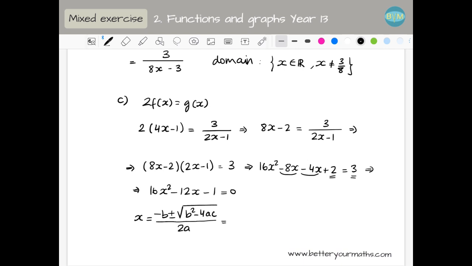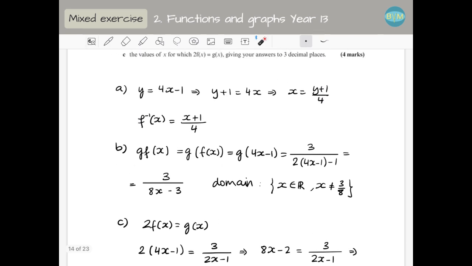I substitute everything, so minus b is going to be 12, plus minus the square root of b squared, which is 144, minus 4 times 16 times minus 1, which becomes positive, and 16 times 4 is 64, divided by 2a, so 2 times 16, which is 32. So x is 12 plus minus root 208 divided by 32.